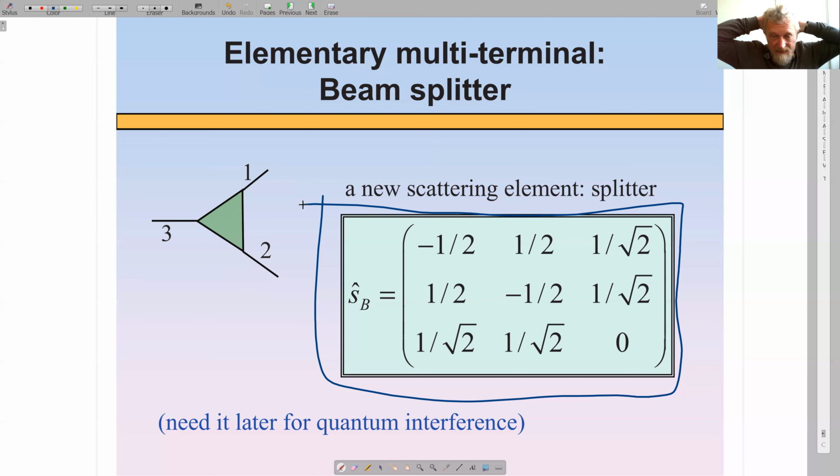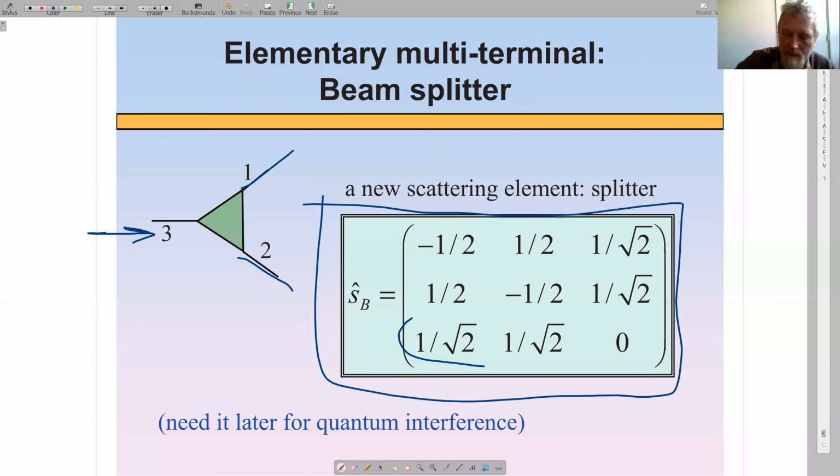Right, and what is specific for this beam splitter is that if I send a wave to this end, 3, it will go to channels 1 and 2 with equal amplitude and nothing will go back. How can I see it from the scattering matrix?